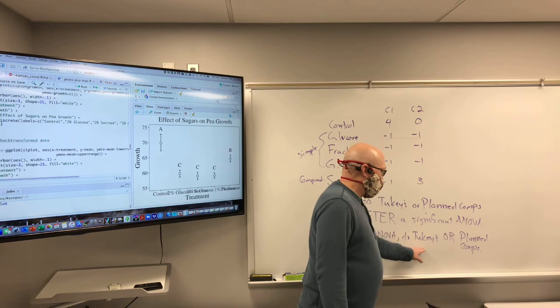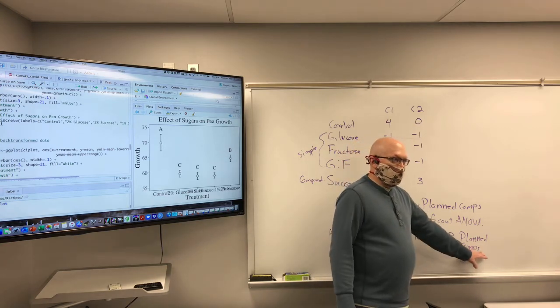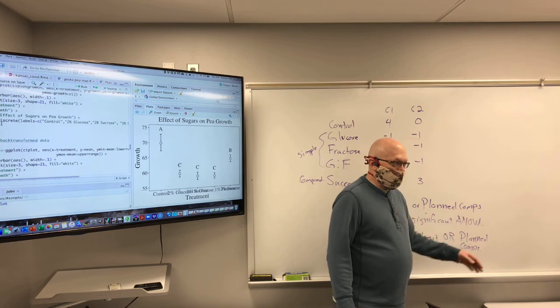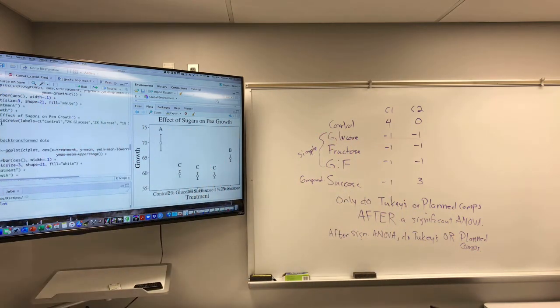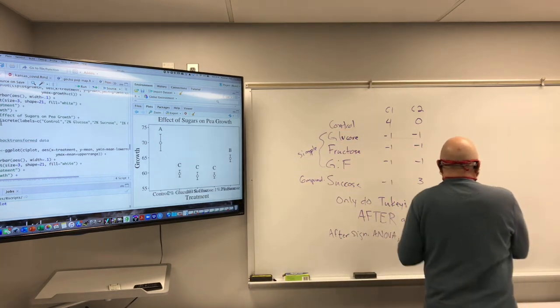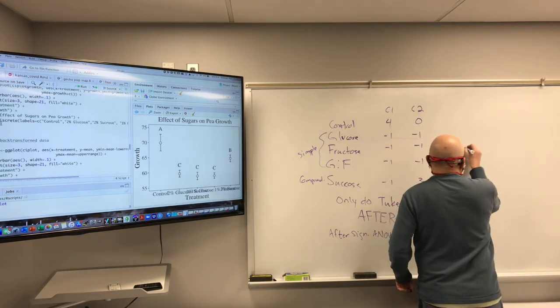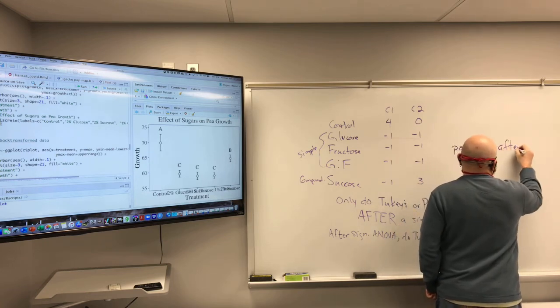You don't analyze it this way and say, oh, I found these differences. Now I'm going to call those differences planned comparisons so I can get more power to test them. You set that all up beforehand. These are sometimes referred to as post hoc tests. This just refers to after the fact.